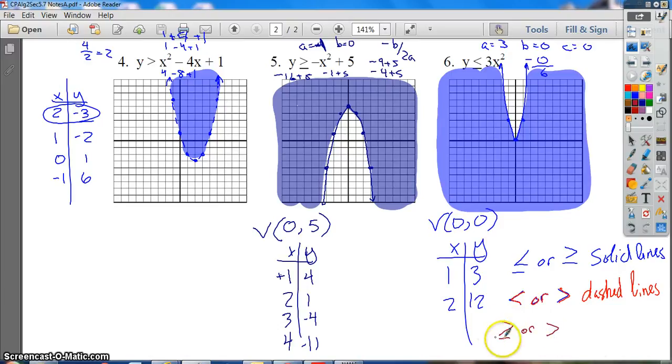Sorry, greater than or equal to is here, or greater than. These would shade above. And if you have the other way around, less than or equal to or less than, you will shade not above, but below in that case. So there's your little cheat sheet, and I color coordinated for you.